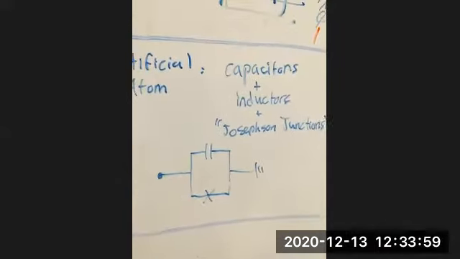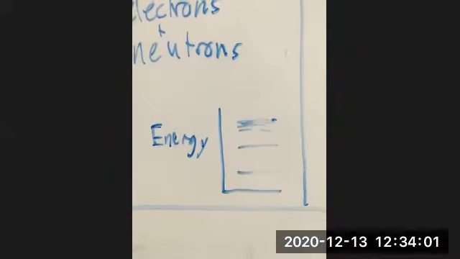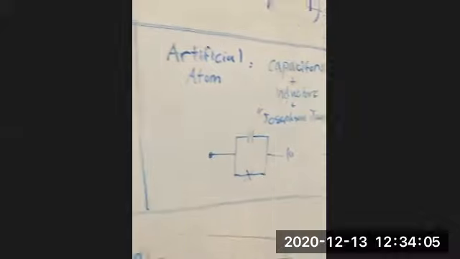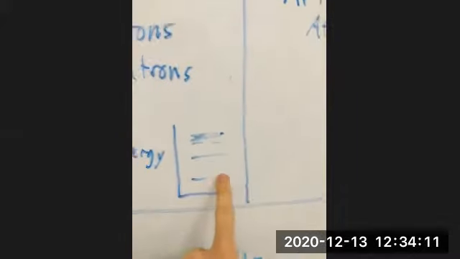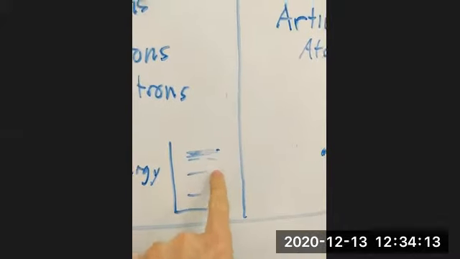And from that, we get a very similar energy level structure to this. So we call these things artificial atoms. And you might have heard the word qubit. The reason we call what we're working with qubits is because we can selectively play with the first two levels of them.